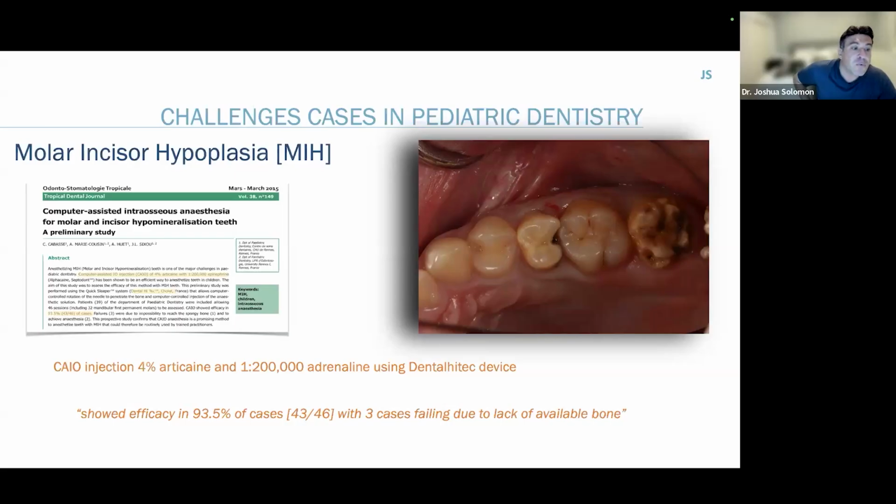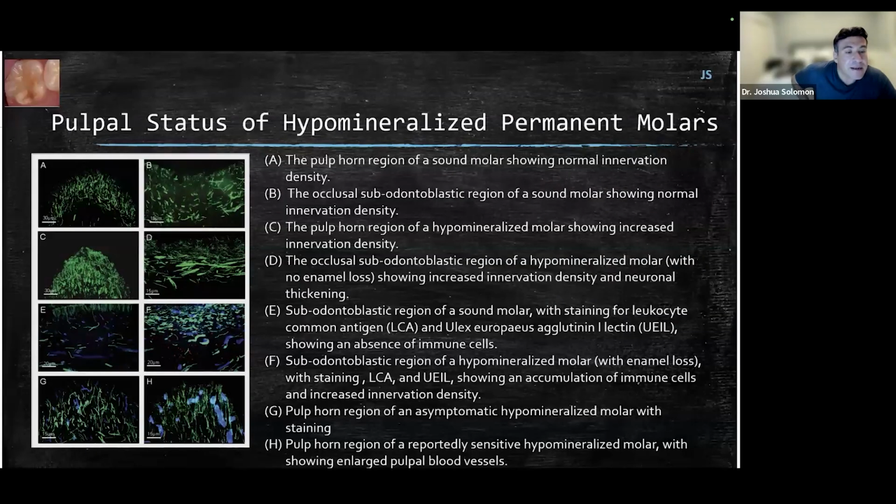So the question is why do these teeth have an issue? And I never really understood this until this weekend. If we go to the next slide there, it turns out that the pulps of these teeth are actually in this hyperalgesic state all the time.